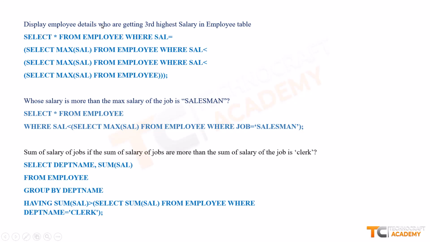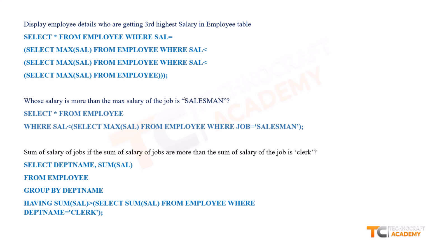Display employee details who are getting third highest salary in the employee table. So this example we have already covered. So we are going to use a subquery inside the subquery to get the third highest salary. So next says, whose salary is more than the maximum salary of the job salesman. So we have given the job ID as salesman.